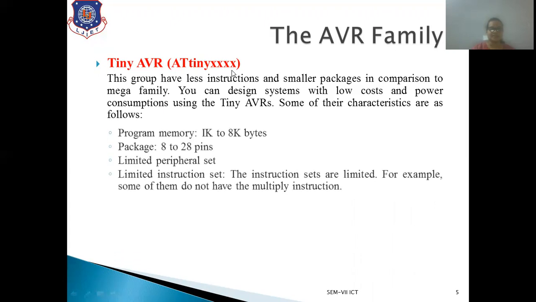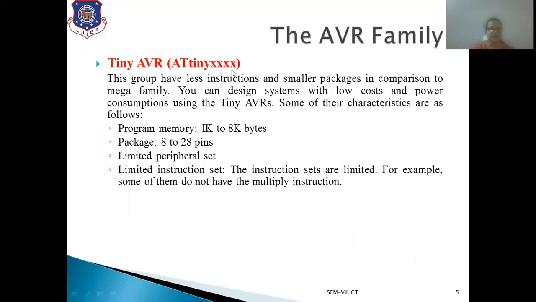Some of the characteristics are: program memory of 1K to 8K bytes, IO pins from 8 to 28 pins, a limited peripheral set, and also a limited instruction set. For example, some of them do not have a multiply instruction.